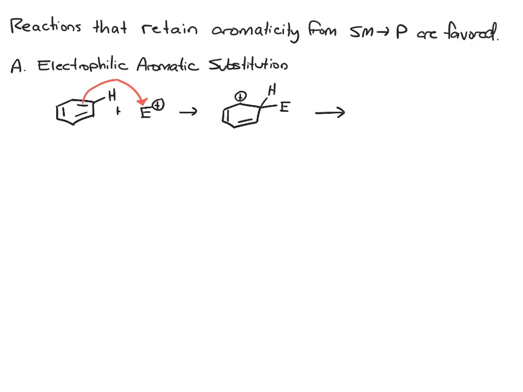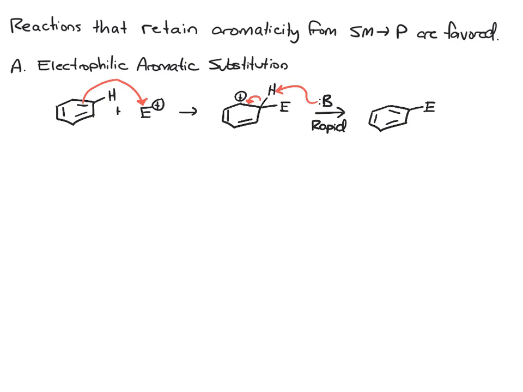Now, this intermediate doesn't have aromaticity right now, but what always happens in a final step is something with a lone pair of electrons will act as a base, and this step is always very rapid. That will take the hydrogen off of the ring, moving those electrons back down to form the pi bond, giving you the electrophile on the ring.